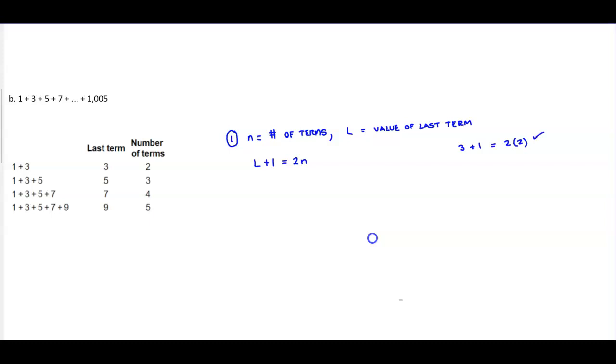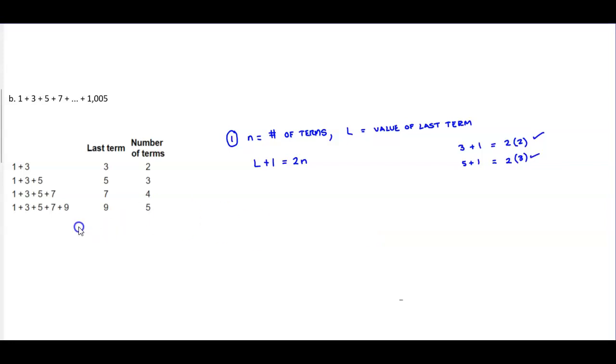Yes, that checks because 4 equals 4. Let's take a look at the second one. The last term is 5, and if we add 1, that gives us 6. Remember this is 2 times the number of terms. We have 3 terms, so does 6 equal 6? Yes, it does.